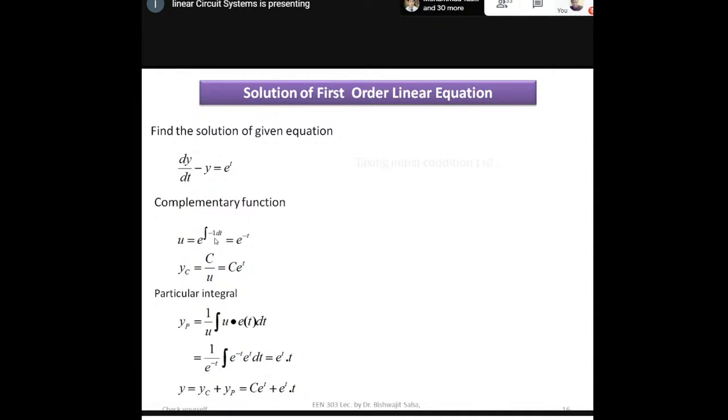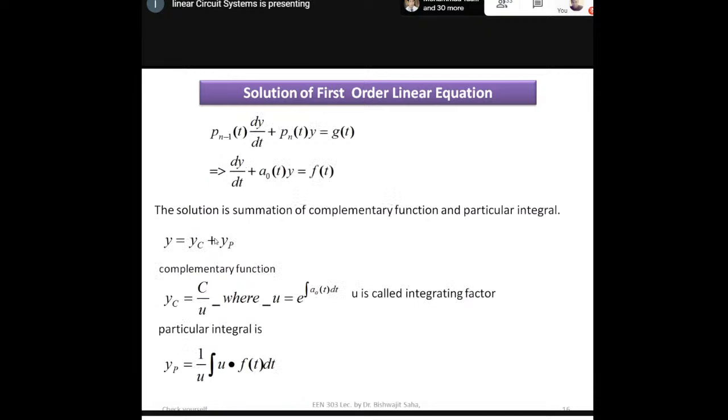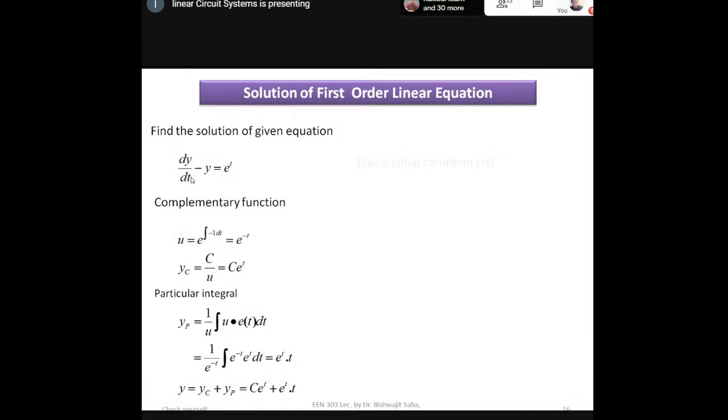If we go back to our slide number 15, we can see here a0 of t y. So a0 was a positive sign. If we compare this equation with our given example equation, then here you found the difference, that minus sign.